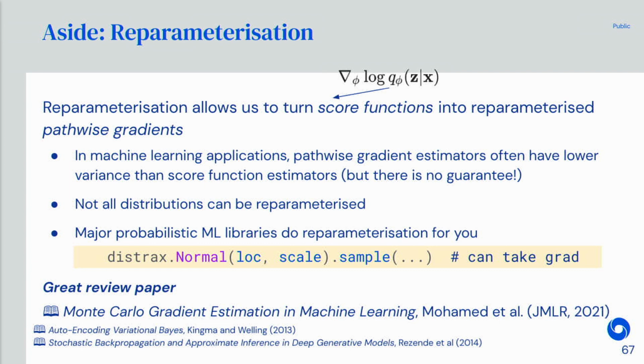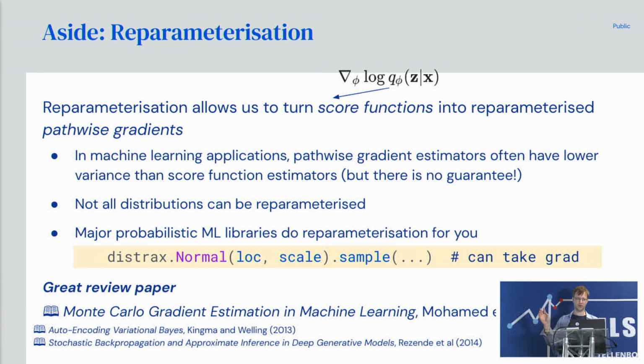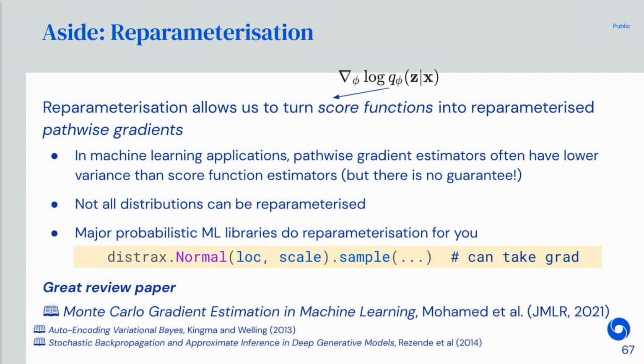Typically, it allows us to take something that is called a score function gradient, which is an object like the one I write here at the top, and turn it into something that's called a pathwise gradient. A pathwise gradient is something where the functional dependence has moved inside of the argument of the function. And typically, there's no guarantee, but typically in machine learning, pathwise gradients, so the ones after reparametrization, have a lower variance than estimators for the score function. But there's no guarantee. And not all of the distributions can be reparametrized.